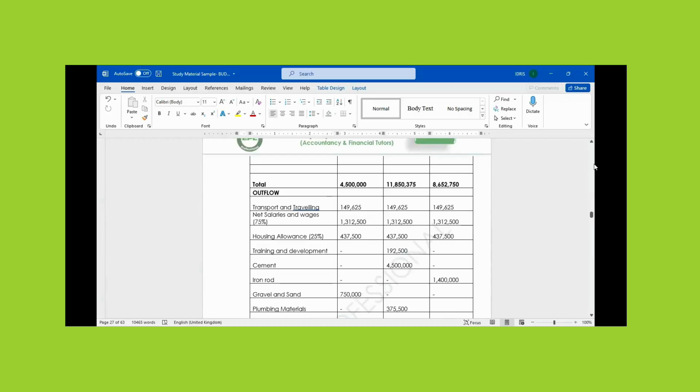That is what the examiner wants. Net salaries and wages every month, 1,312,500. January, February, March, the same amount. Housing allowance, 437,500 January, 437,500 February, 437,500 March. Under the outflow.